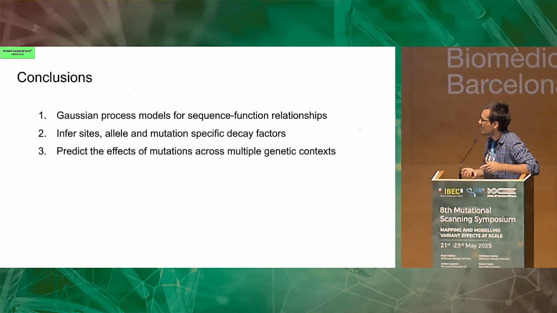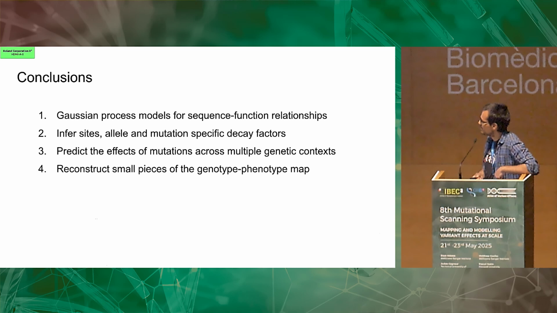And we can use them to start predicting the effects of mutations across multiple genetic contexts. We can reconstruct small pieces of the genotype-phenotype map to see how multiple mutations interact with each other. And one of the things that I'll keep emphasizing is that we can do this while rigorously quantifying uncertainty, which is very important for knowing the evidence that we have for our conclusions.